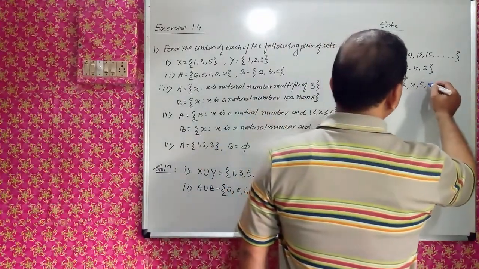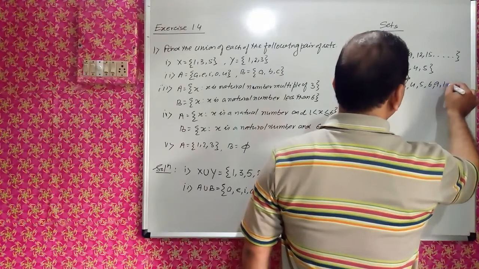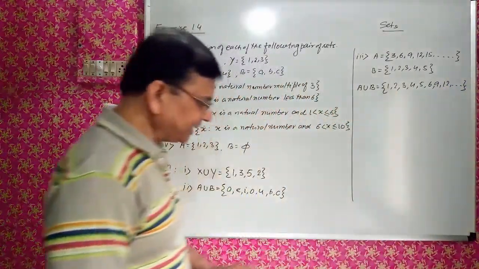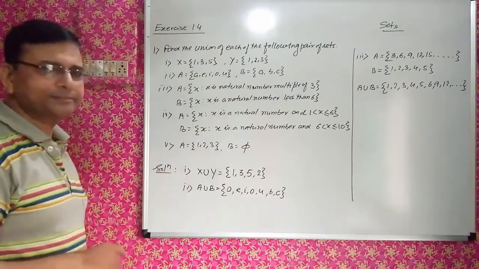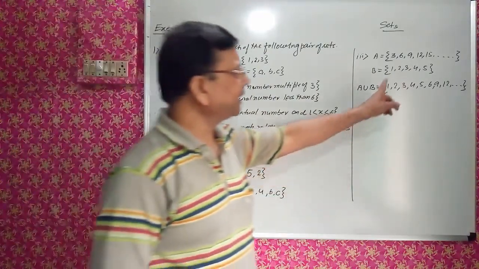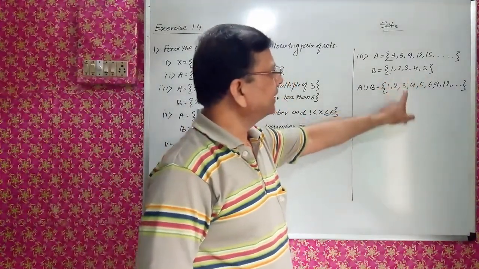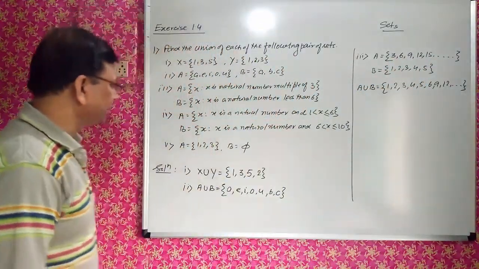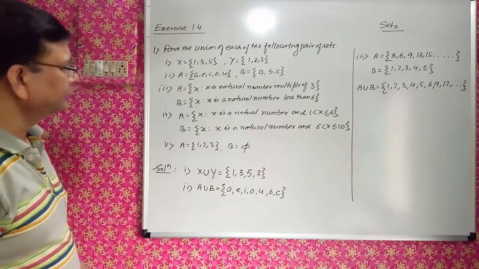Then 6 I will take, 9 I will take, 12, and so these are the elements of A union B. Okay, all these elements will come in this, right? And all these elements will also come in this. So this is A union B. Fourth one.